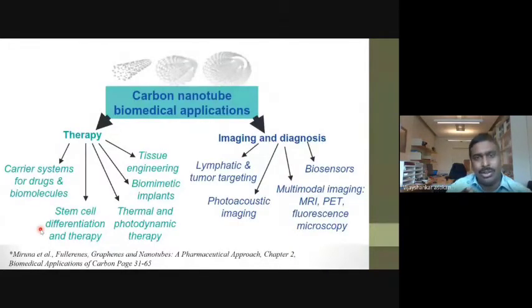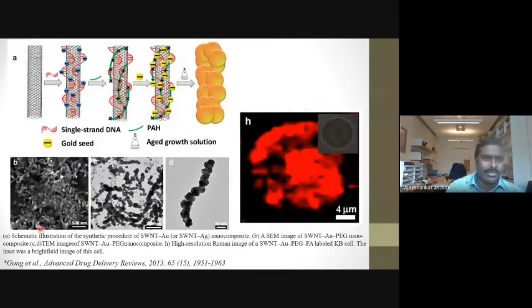So these carbon nanotubes have a wide choice of biomedical applications, whether in therapy, drug delivery, or imaging and diagnosis. For imaging, you have a lot of choices, whether it is MRI, multimodal imaging, PET, or fluorescence microscopy. So this material is now further developed in different combinations.